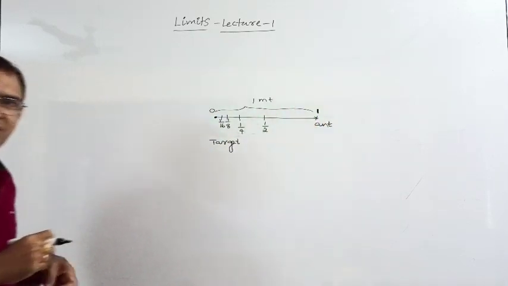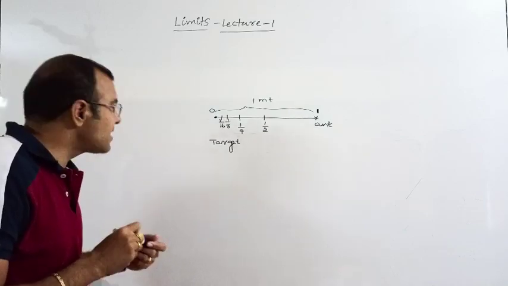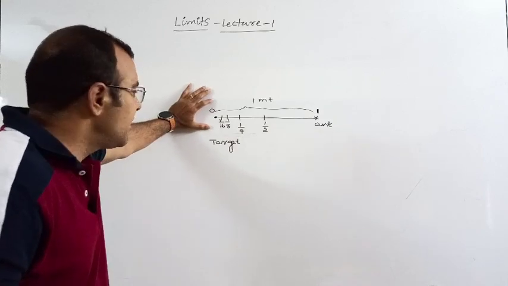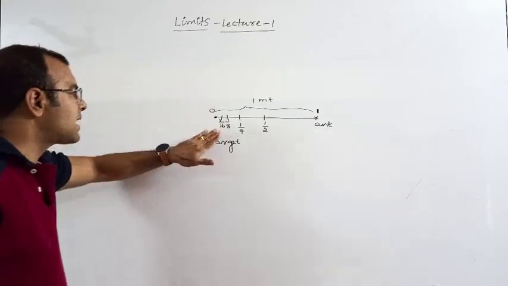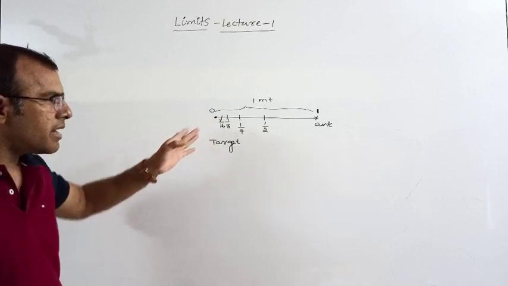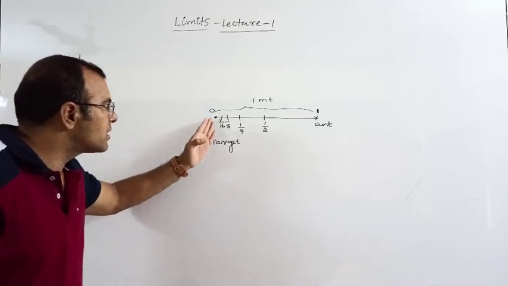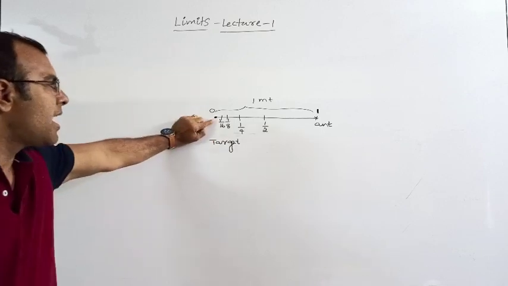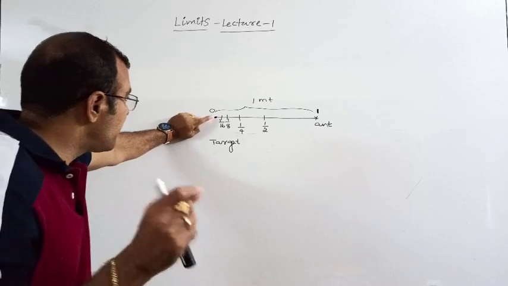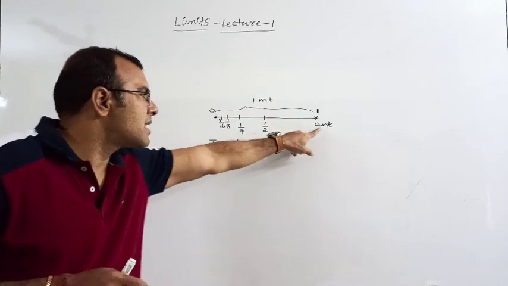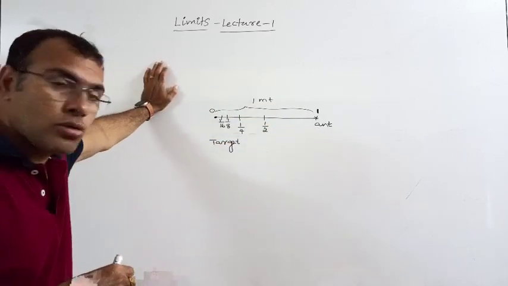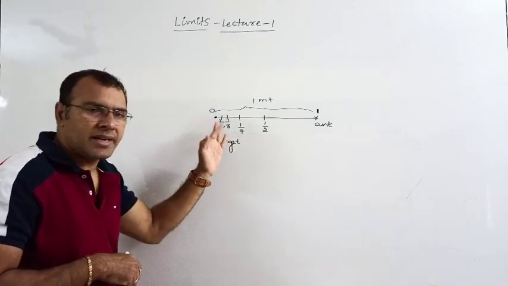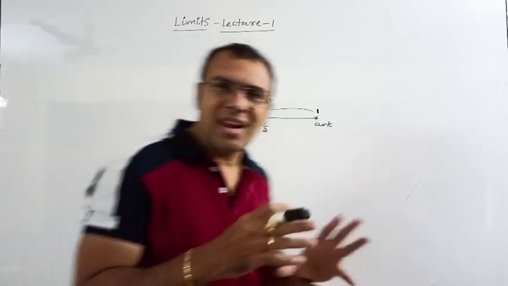So you can say that the ant moves infinitely many times, and it tries to approach this point. The distance between this point and the ant will be almost close to 0, because next is 1 by 32, next 1 by 64, like that.